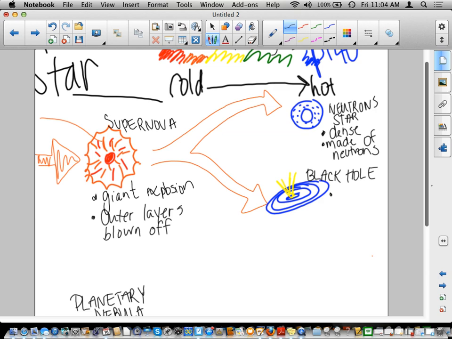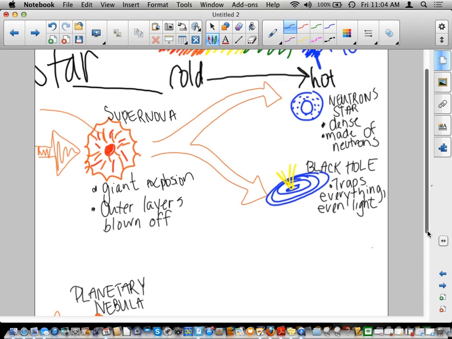So if light were to get in it, light cannot get out. So it traps everything, even light. And that's the end of a star, a large mass star.